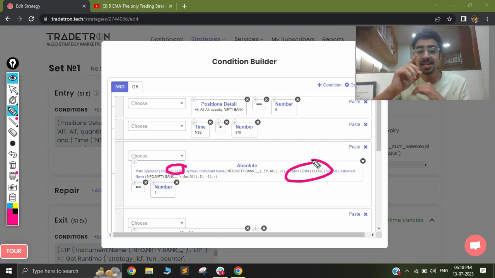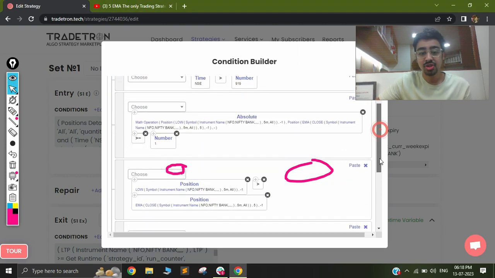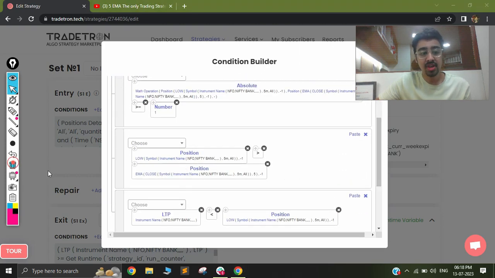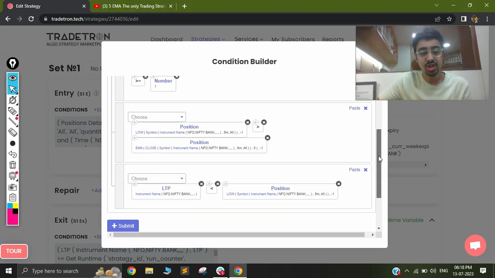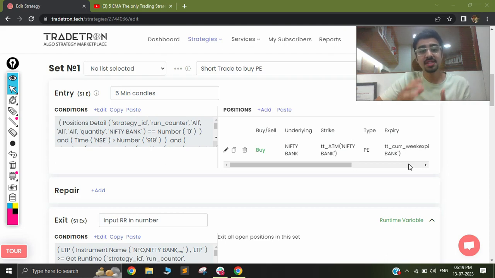After that, I'm checking if the low is above the EMA, because I want to take a short trade only if the low of the candle is more than the EMA. So if the low is more and there is a difference, and finally the next candle breaks the low of our trigger candle, in that case I am going to take a trade. This is the logic that we are trying to build. If this situation happens, I will take a long trade in a put.